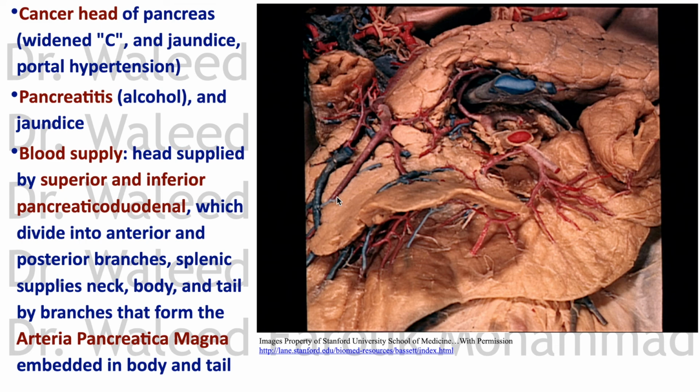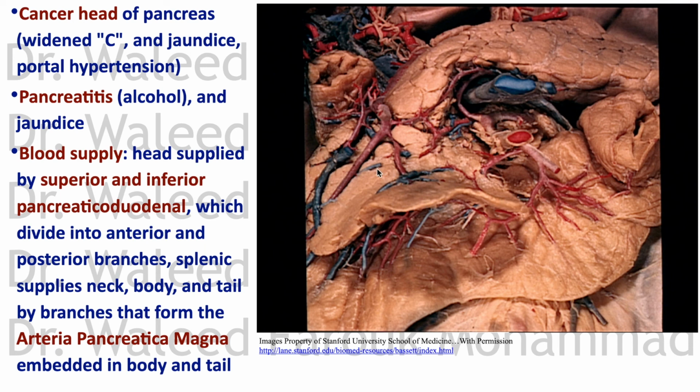For the blood supply of the pancreas, the head is supplied by the superior and inferior pancreaticoduodenal arteries. See, these are the branches of the superior pancreaticoduodenal coming from the gastroduodenal artery, and this is the superior mesenteric with its inferior pancreaticoduodenal branches supplying the duodenum and the uncinate process part of the pancreas.